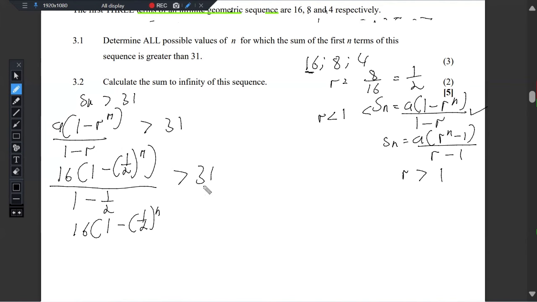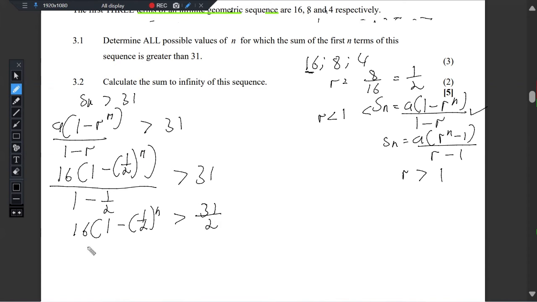But if you cross multiply the half with 31, what are you going to get? So let's say we have 0.5 multiplied by 31. This is going to give me 31/2. If I cross multiply here, it's 31/2.